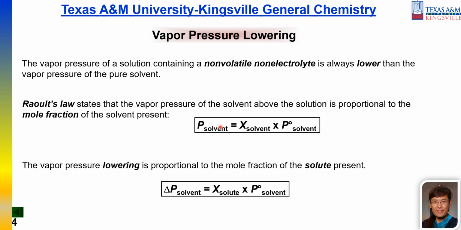So you use this equation: the vapor pressure of your solvent equals the mole fraction of your solvent multiplied by the vapor pressure of the pure solvent, P0. The P0 is usually already known.